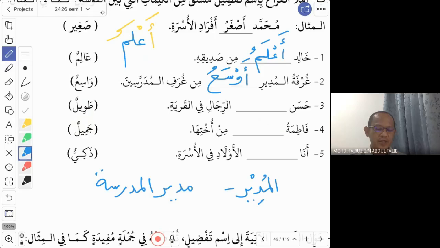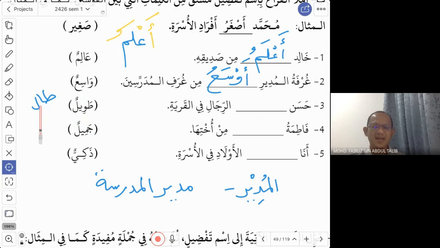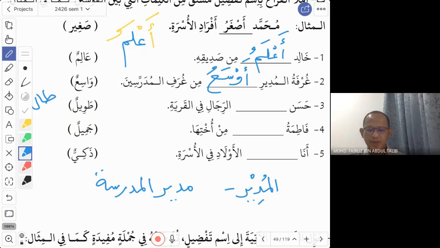Yes. If you refer to the dictionary, they will say ta, alif, lam. But where is the alif here? The alif here is the weak letter, the harful illa. As you have seen previously, sometimes they change the alif to the waw. So this is the waw. So the root word here is ta, waw, and also the lam. Okay, change this to ism tafdil.